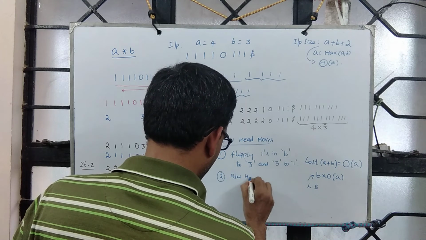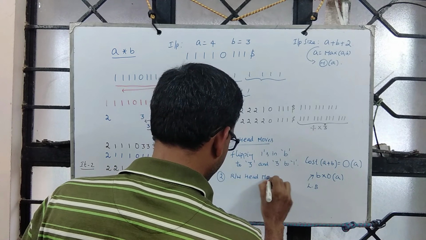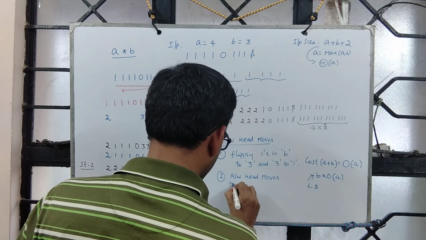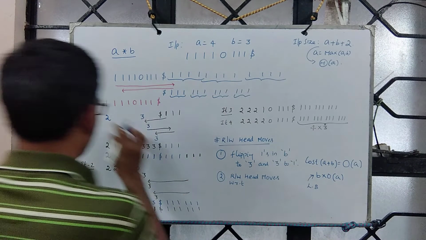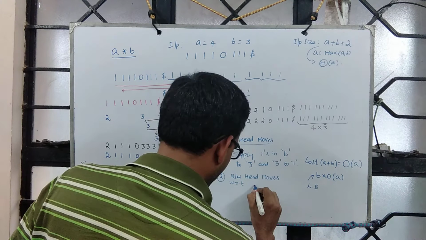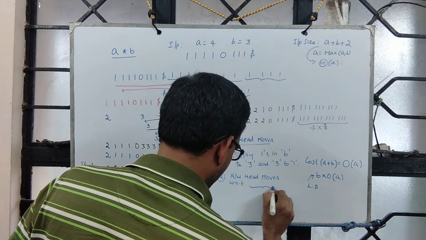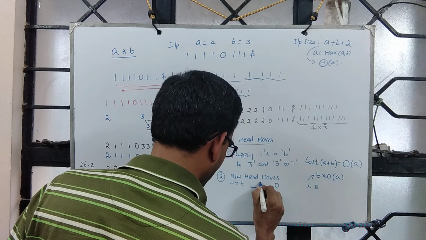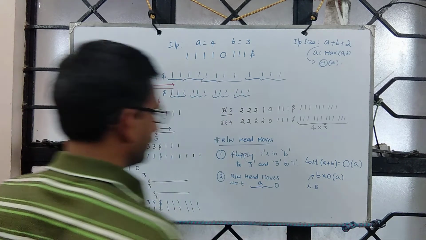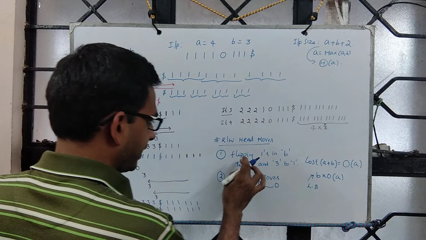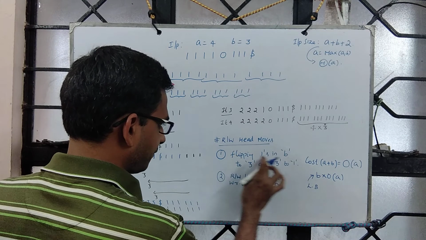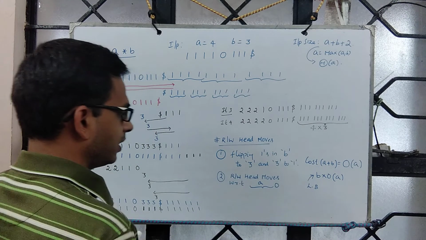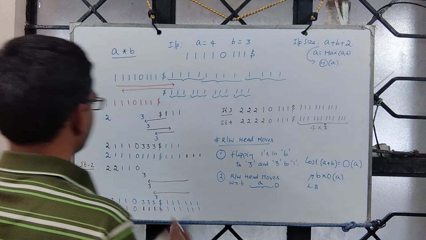So the second part is read-write head moves with respect to A and 0. This is our A and 0. Over here, number of read-write moves in the process of flipping 1 in B to 3 and 3 to 1.